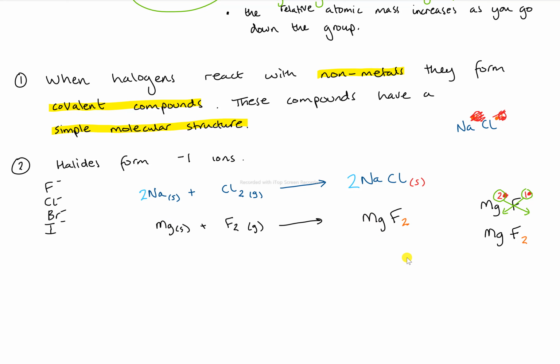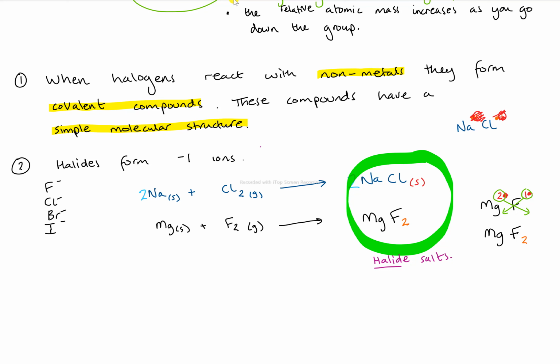Right. Is there anything else? So now these compounds that are formed here are called halide salts. You'll hear the word halide salts. Halide just means the halogens. And they have ionic structures.